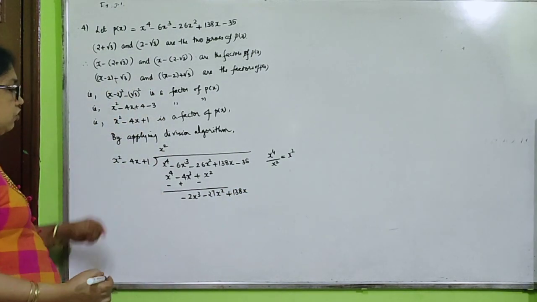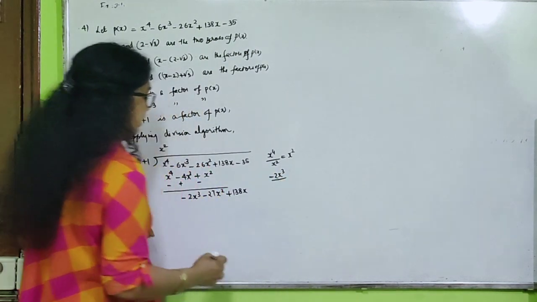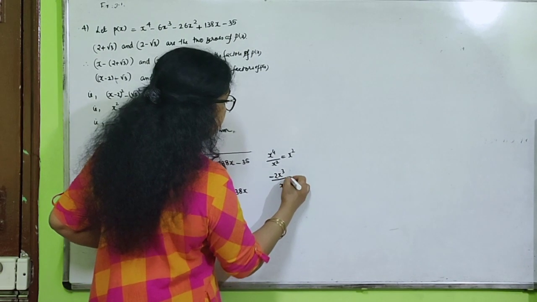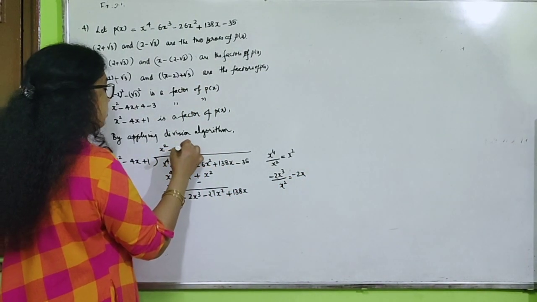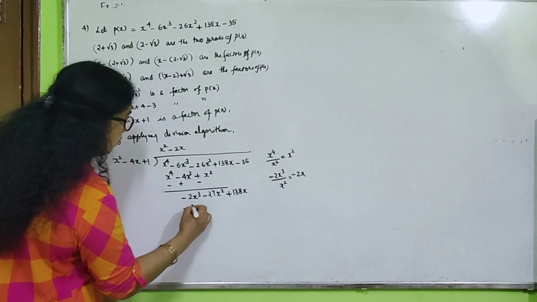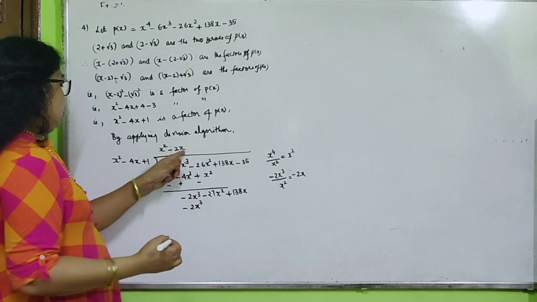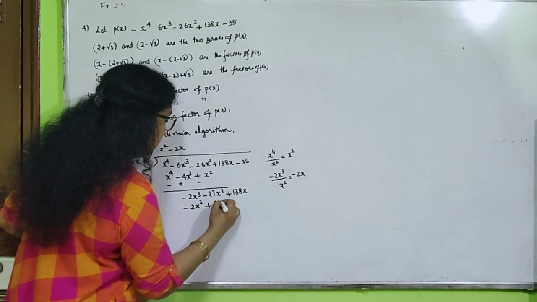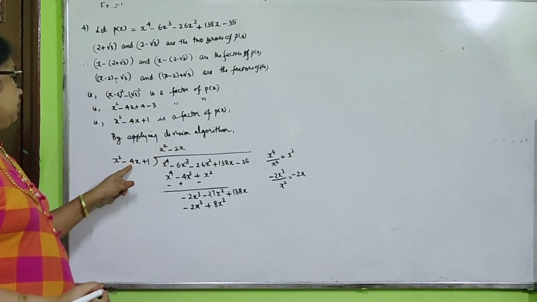Now to get the next term, what do you have to do? Minus 2x cube is the first term of the new dividend. You have to divide it by x square. So what do we get here? Minus 2x. So write here minus 2x. Now multiply. Minus 2x cube, minus 2x into minus 4x is plus 8x square. 2 4s are 8.